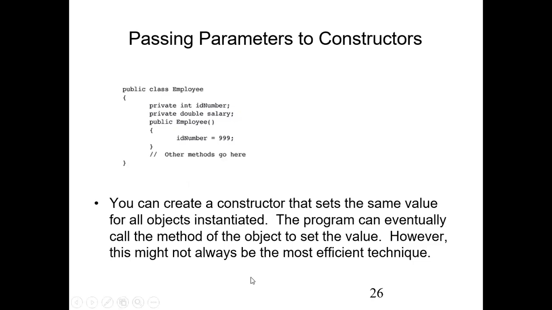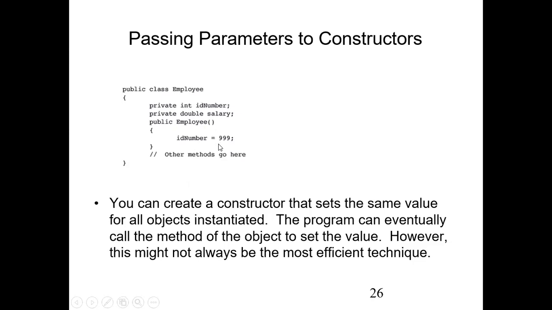As you can see again here, we have another constructor which is setting the ID number to 999. But do we say all employees will have the same ID number? Again, that's not it. So that means setting a constructor this way is not the right way of doing things.